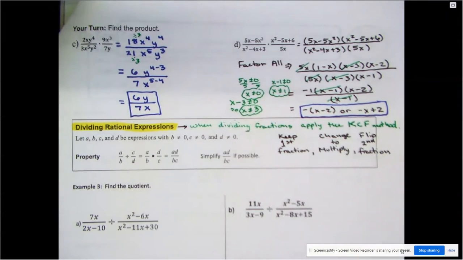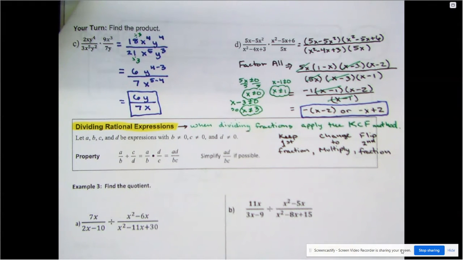And then the great thing is that as soon as we do this, as soon as we keep the first fraction, change to a multiplication, and we flip the second one, we'll actually just go back and do the same steps we did earlier, where we're going to, of course, create a single fraction, multiply straight across, and then second, we'll factor and cancel just the way we did before.